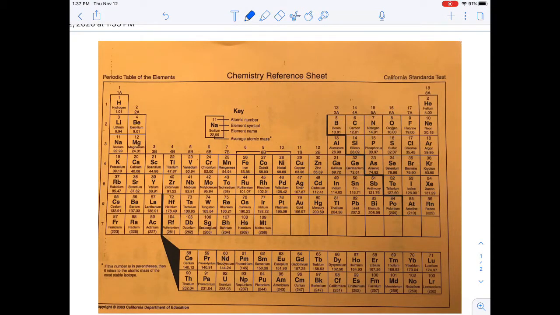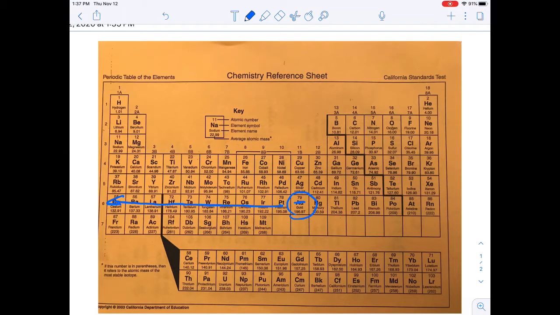Okay, so let's look at gold on the periodic table, which is here. What we're interested in is the noble gas that is, quote-unquote, before gold. Gold has an atomic number of 79, so I need to go backwards, backwards, keep going backwards. I'm at 55.